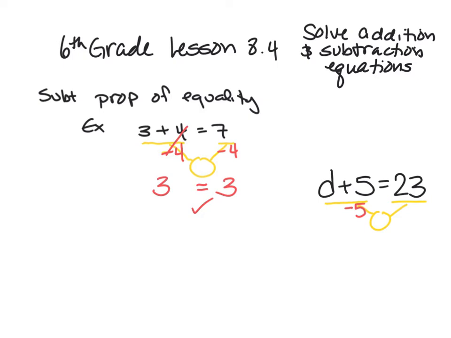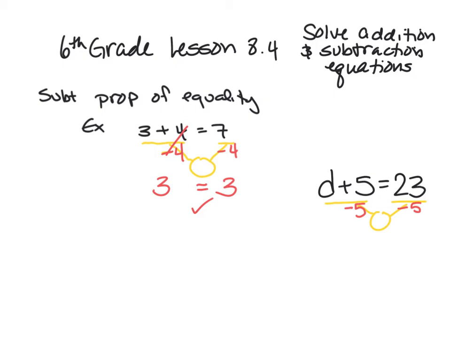My issue is I can't just take 5 off there. I go out of balance, right? So I must take 5 off of the other side, and I can do that because of the subtraction property of equality. It will remain equal as long as I do the same to both sides, as long as I keep my scale balanced.